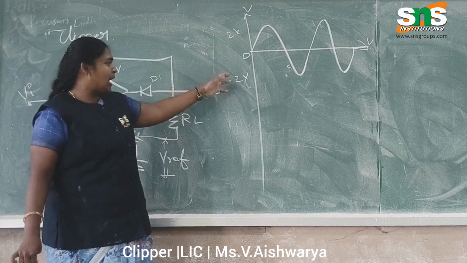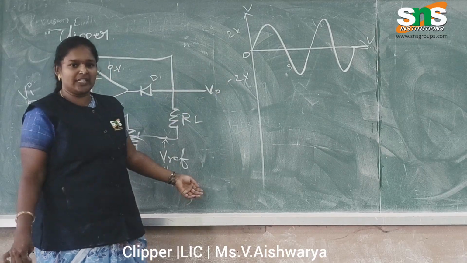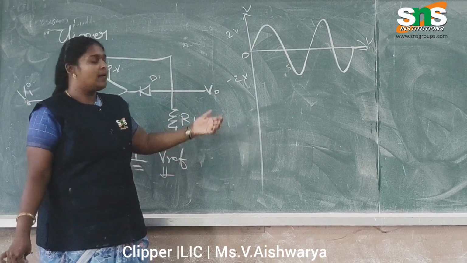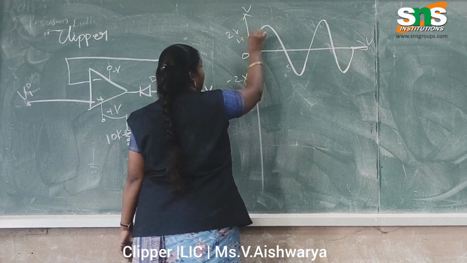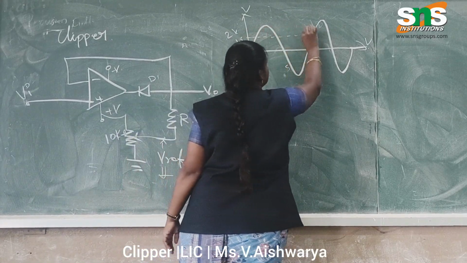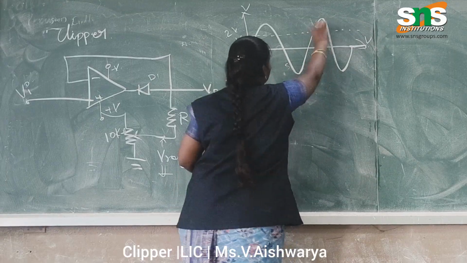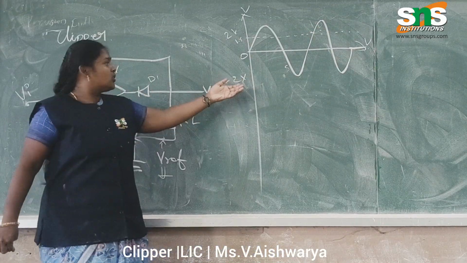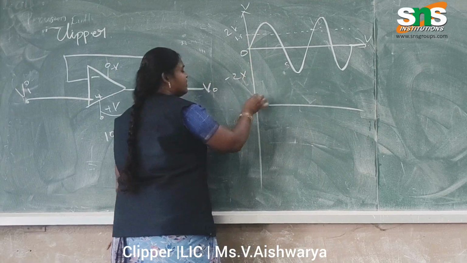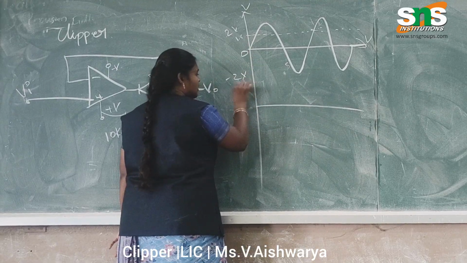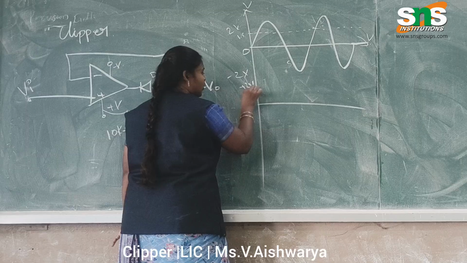Now I apply a positive V reference signal, that is 1.5. So the positive clipping means the positive side, here plus 2 volt, that 1.5.